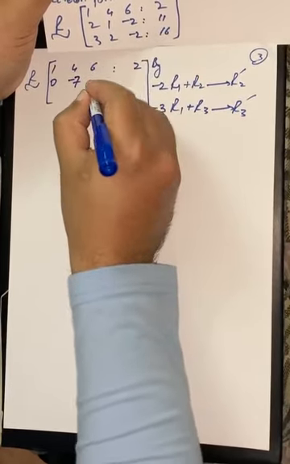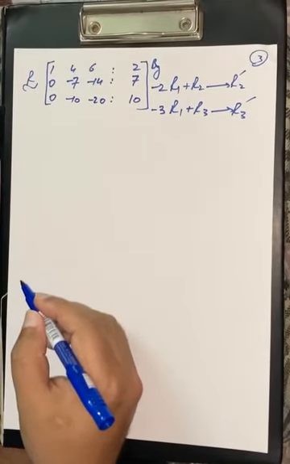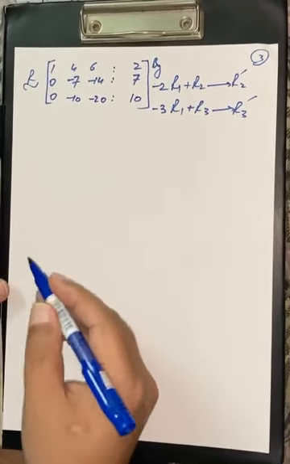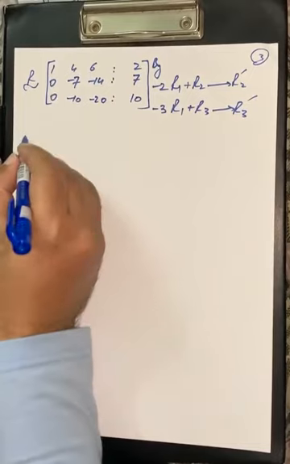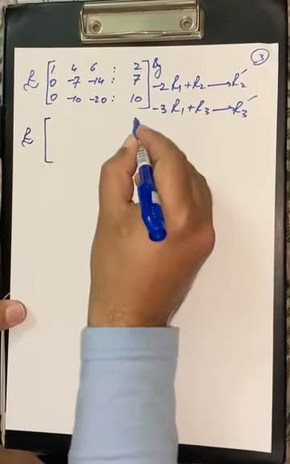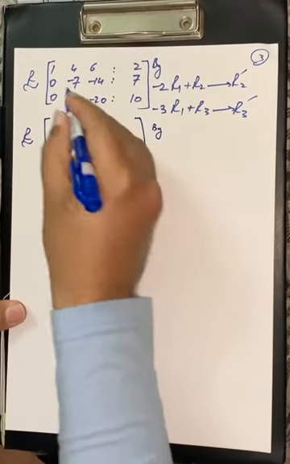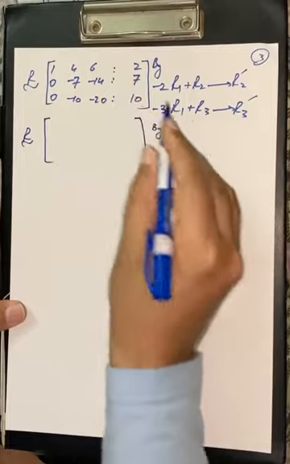Hope you understand this kind of calculation. Now what do we do next? We go to the principal diagonal, or the main diagonal. We make this entry, minus 7, into 1. So how do we proceed? We focus on that minus 7, which belongs to row 2.